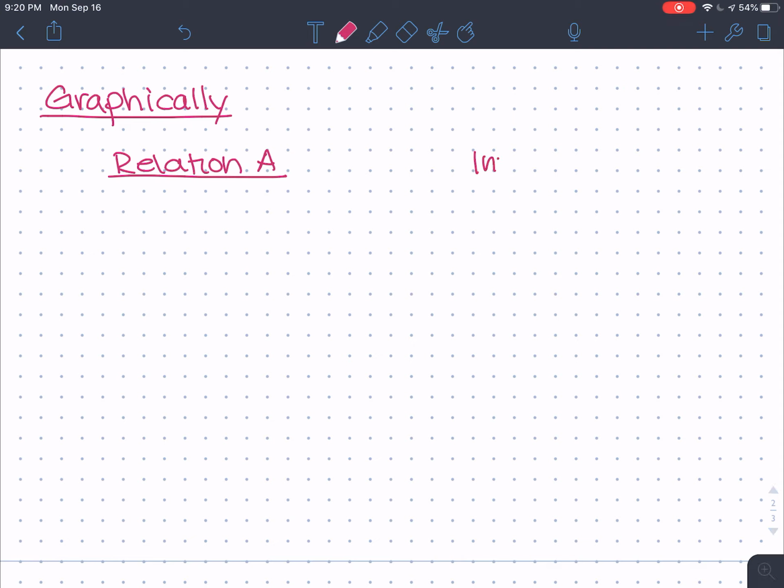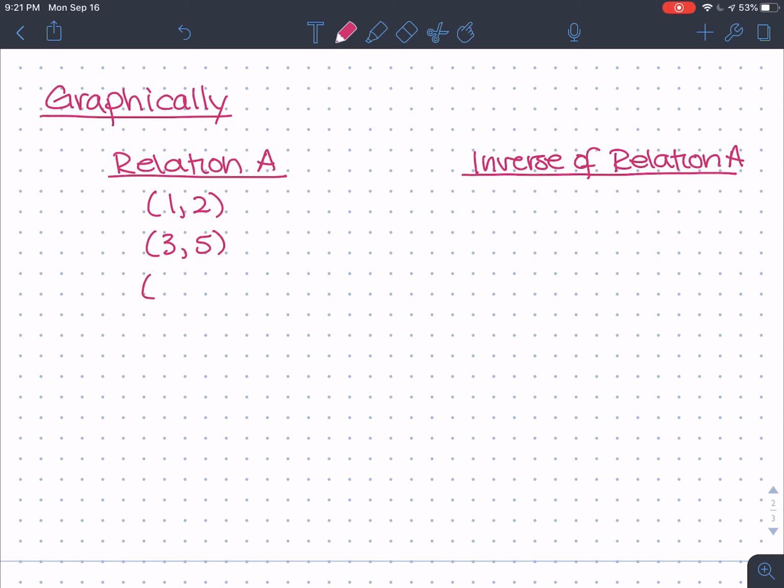And then we have the inverse of relation A. Well, if I tell you these points, 1, 2, 3, 5, and 6, -8 are all relation A, then for the inverse of relation A, you literally switch x and y.